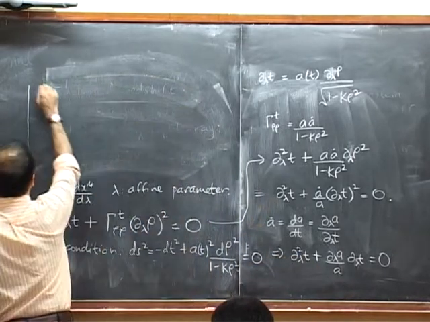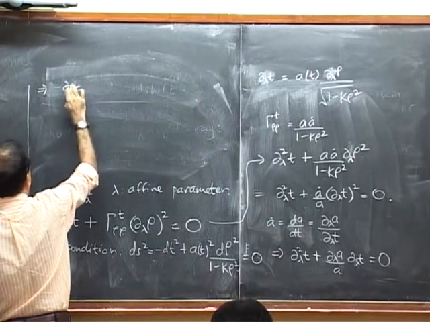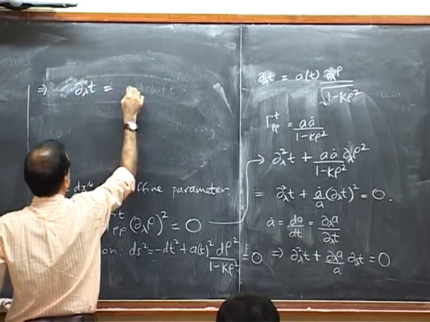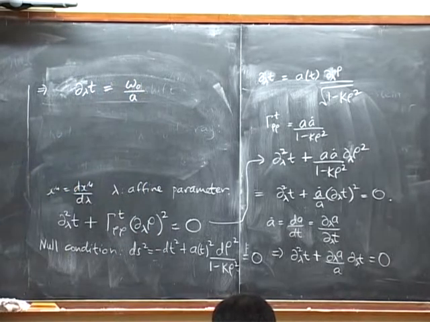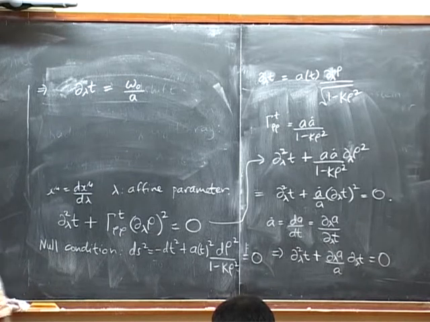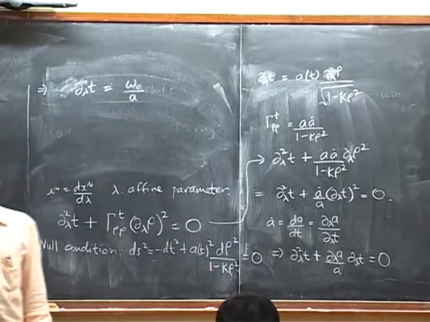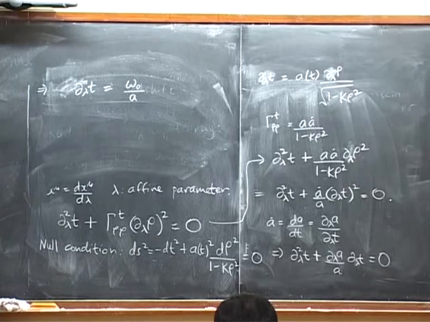So from this we get that del lambda of t is, I'll put an arbitrary constant here, upon a. That's the crucial result. If I differentiate this and divide by this, I'll get del lambda a upon a with a minus sign. That's exactly this. So it's just the integral of that equation. Very good.